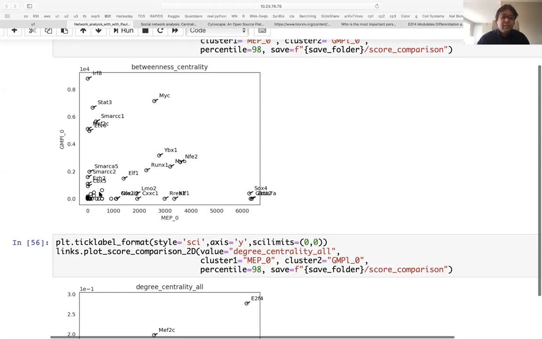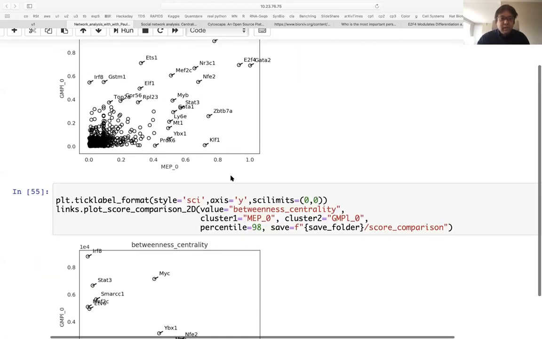There is no method to do thresholding, so I can just say this score is highly enriched in this cluster, and this score is highly enriched in this cluster. And how about this gene YBX1? I don't have the answer. I don't know if the scale is really different. Sometimes we do not know how to interpret these genes, but maybe the important difference exists here or here.